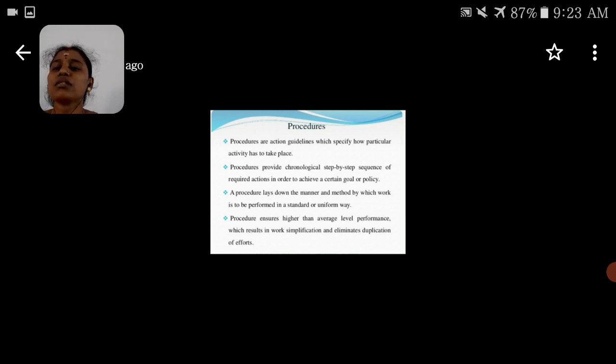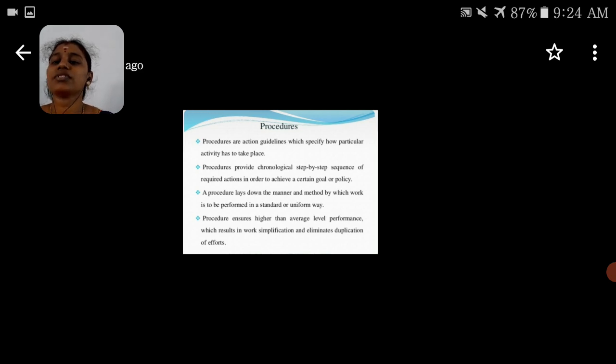A procedure lays down the manner and method by which work is to be performed in a standard or uniform way. Procedures ensure higher than average level of performance which results in work simplification and eliminates duplication of efforts.